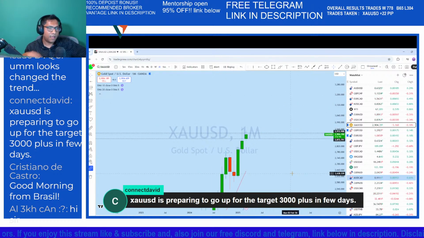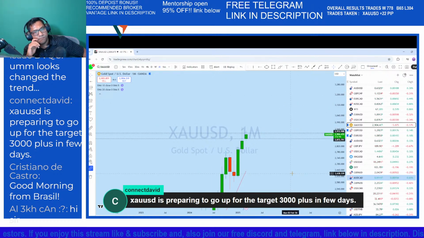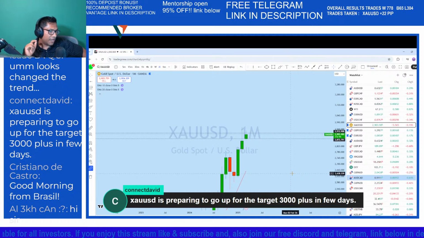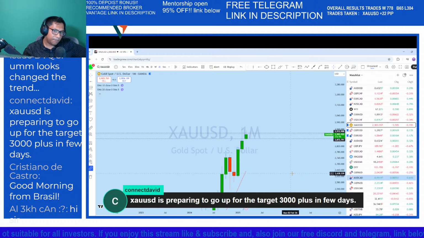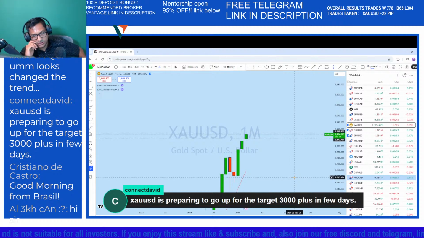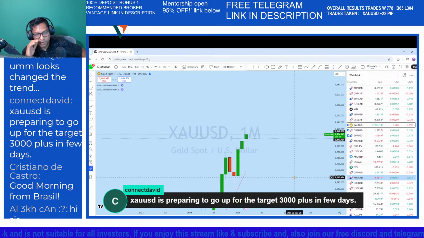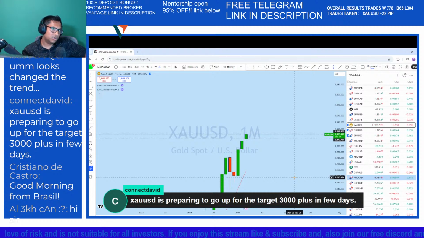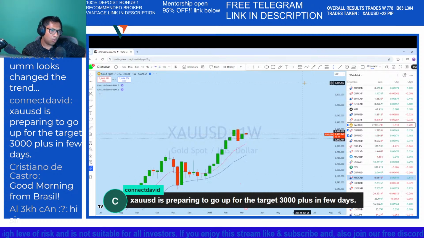It could go to the 3000, which is very near. But if this current monthly candle is not able to break the previous monthly high, it might even go to the 2600 level. But this is the monthly prediction, which is still a long way to go.